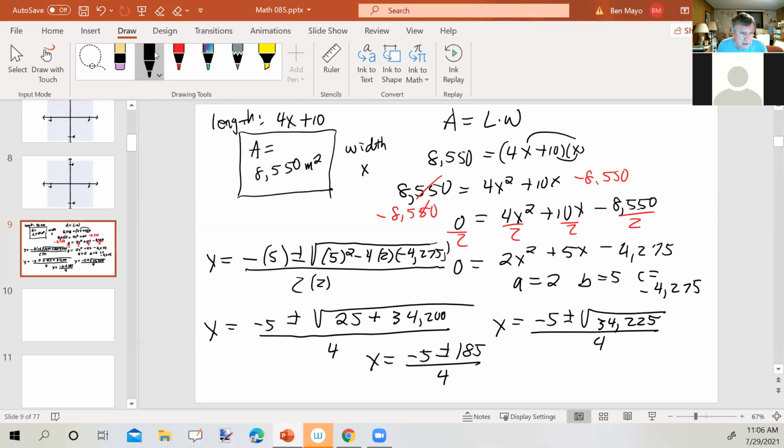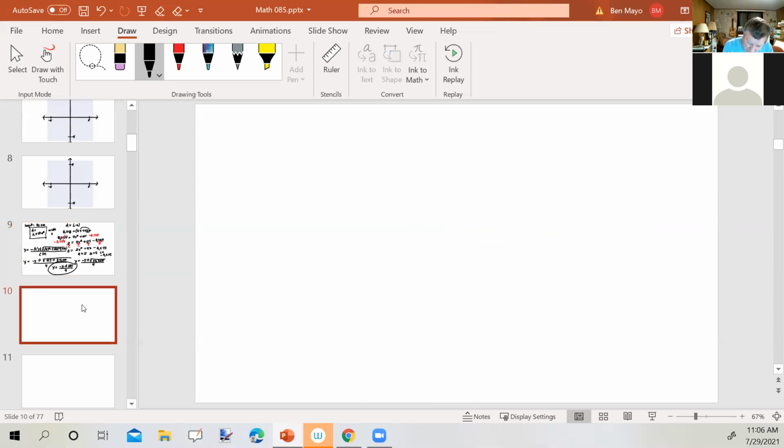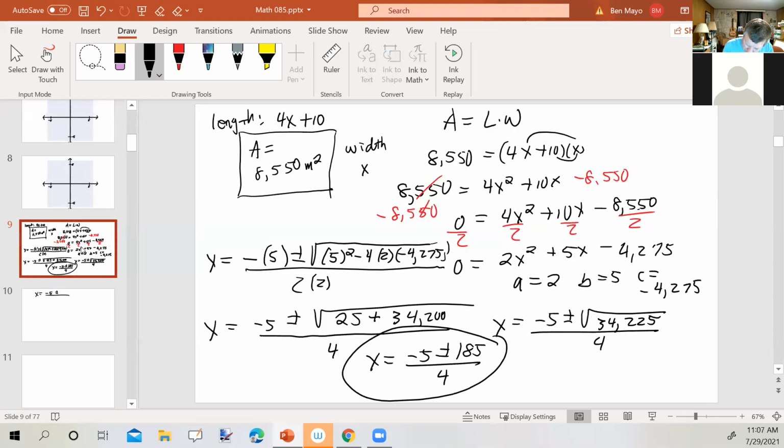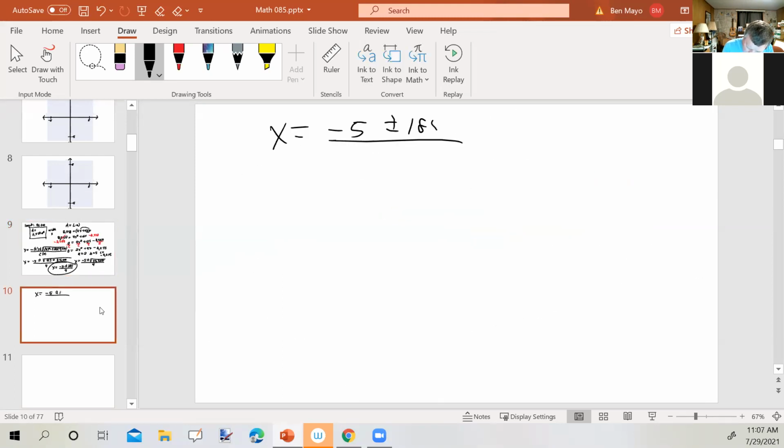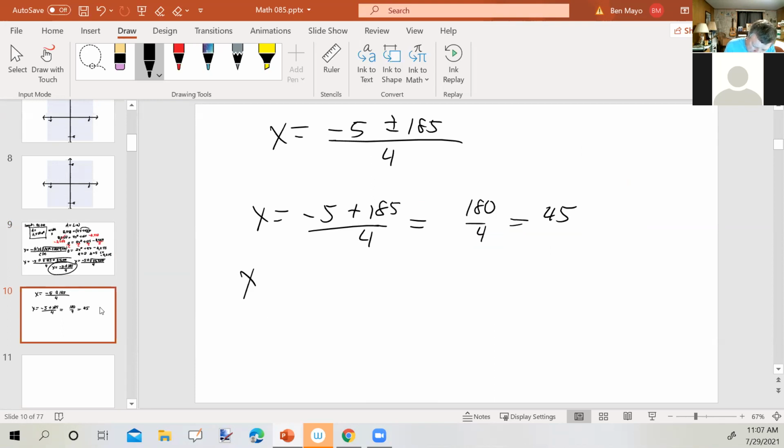Yes. Okay. So now I'm going to take this information and go to the next page. So x is -5 plus or minus 185 all over 4. So x is -5 plus 185 over 4, which would be 180 over 4, which would be 45. Or x is -5 minus 185 over 4, which would be -190 over 4.